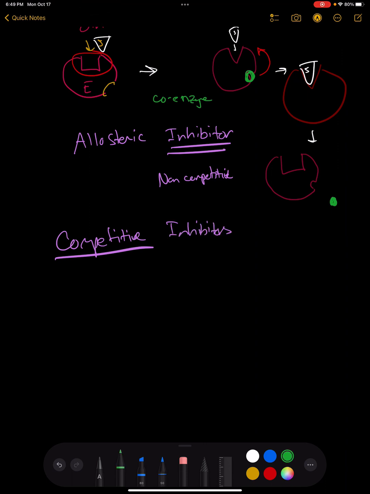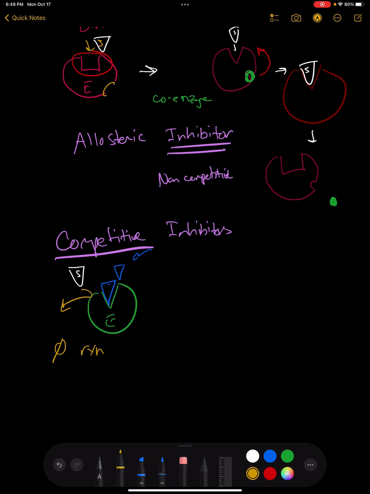And really all that is that here's my enzyme, right? Now I have my competitive inhibitor right there, and then I also have my substrate. And so sometimes this competitive inhibitor is going to go fit inside the active site, which means that substrate isn't going to be able to fit in, and then there's not going to be a reaction taking place.